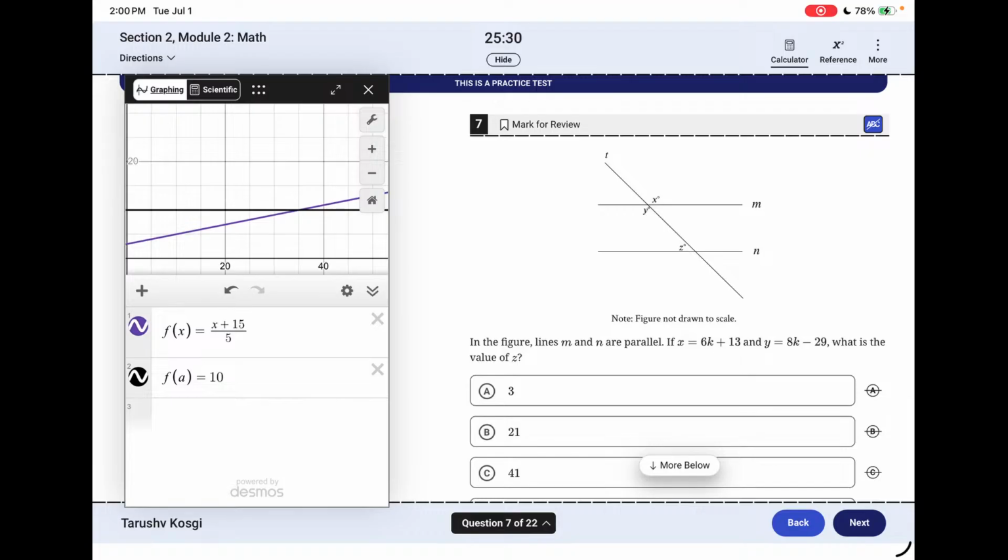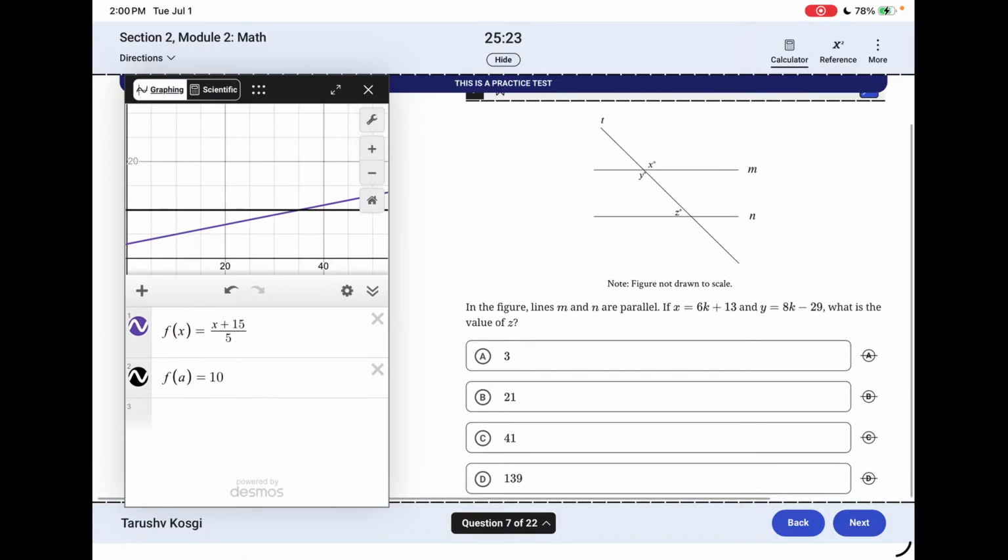Okay, in the figure lines l and m are parallel. Okay, what's the value of z? So z is equal to 180 minus y degrees, or z is equal to 180 minus x, and x and y are equal.